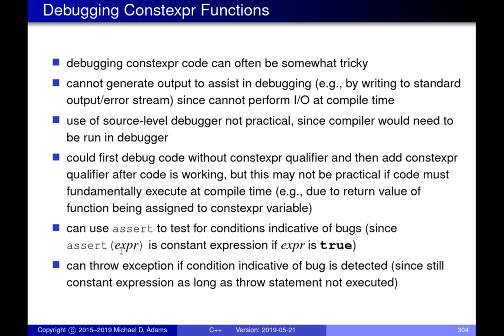But this gives the behavior that you want, because if one of your assertions fails in a function being run at compile time, what you probably want is for the compiler to give you an error message at compile time saying, hey, things are not working. And this is what will happen. Depending on the quality of the compiler's error messages, you might get a variety of different things, but at minimum you'll get something to the effect that assert is not a constant expression.